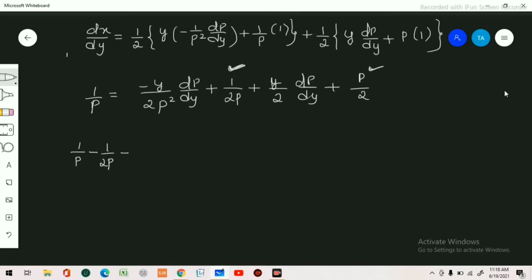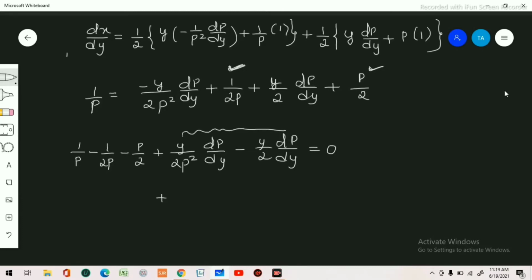That I will bring on the left hand side again, and all the terms with dp by dy carrying to the left hand side. So minus y by 2 dp by dy is equal to 0. Is it clear? Now what common can you take from this part?